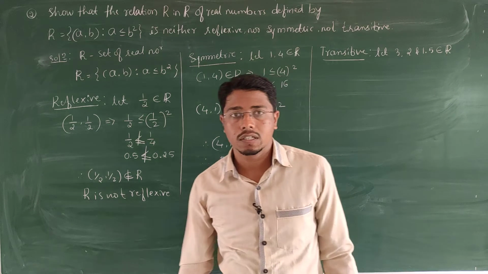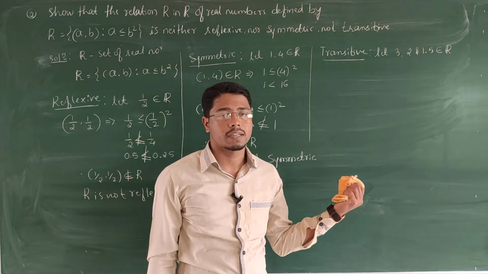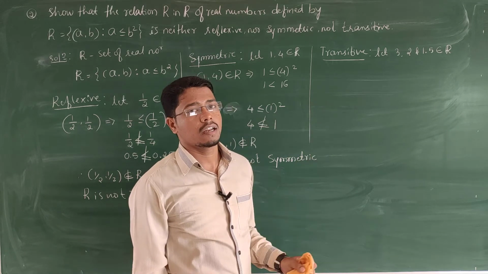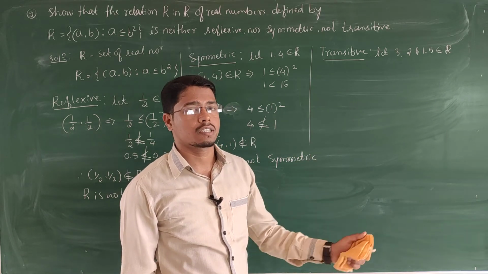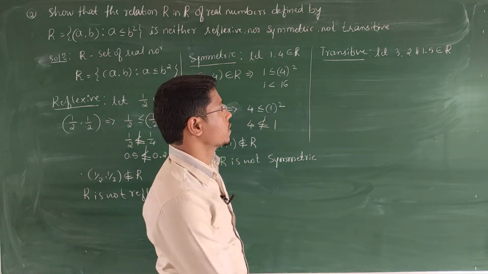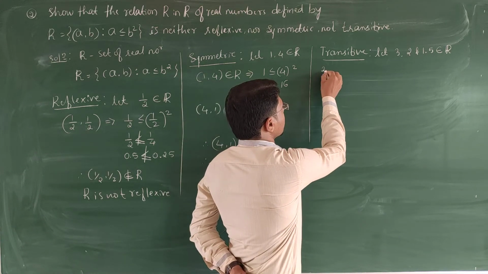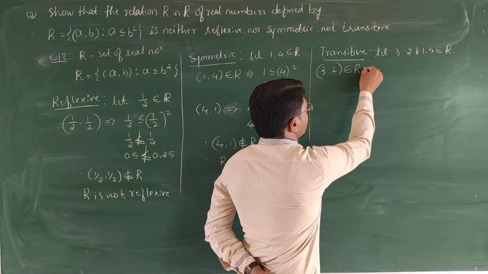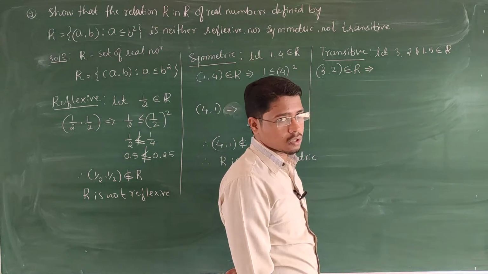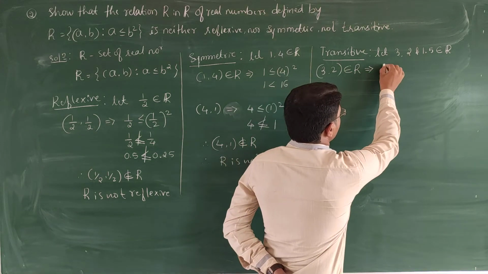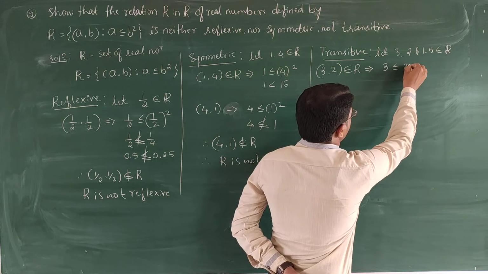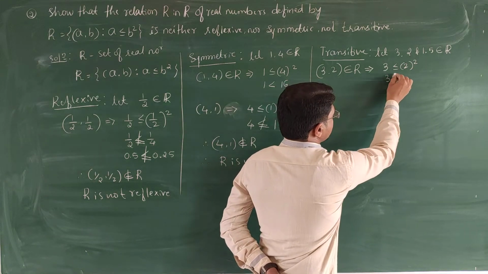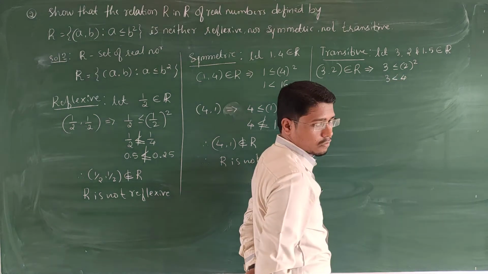The first two numbers' ordered pair and the next two numbers' ordered pair should belong to R, then we check the ordered pair of the first and last numbers. So (3, 2) belongs to R: putting into the relation, 3 ≤ 2², and 2² is 4.